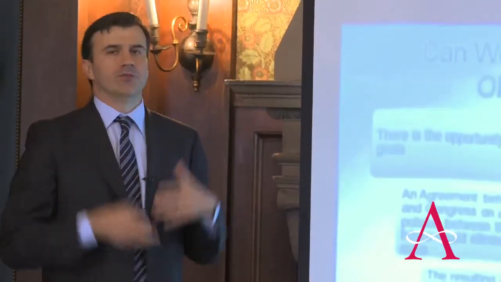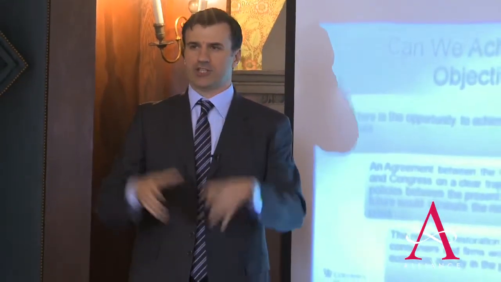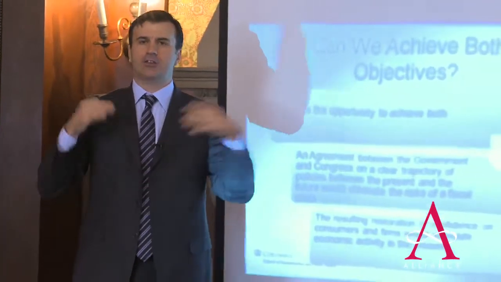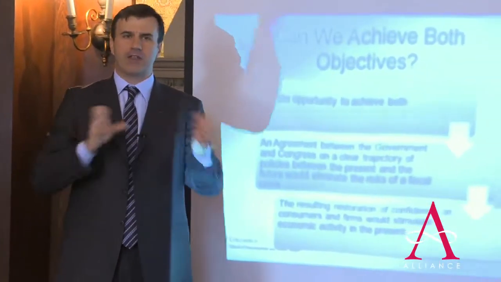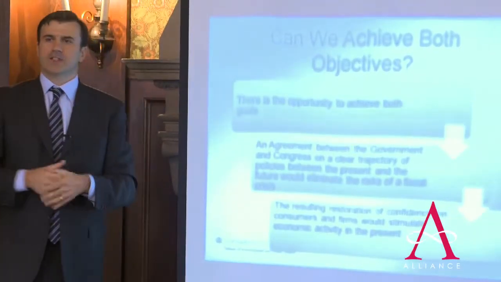So, is it possible to achieve both objectives? We just focus on the short run and on the long run. Can we do both, or are they really incompatible things we need to think about?